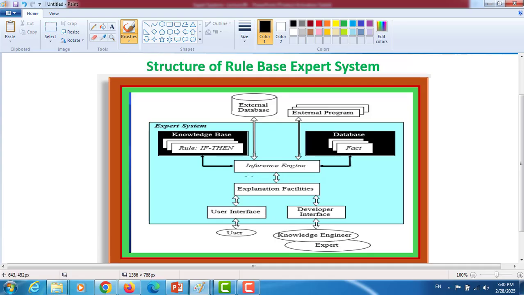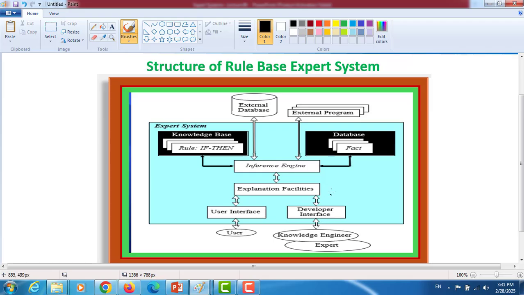For example, the inference engine, which is found in the previous type, the knowledge-based expert system, the user interface, and the knowledge base, or here called knowledge engineering.